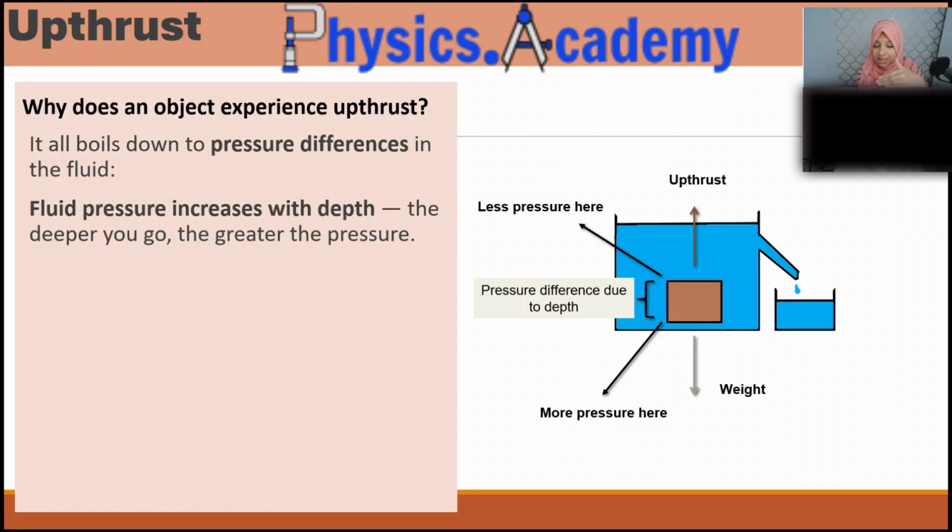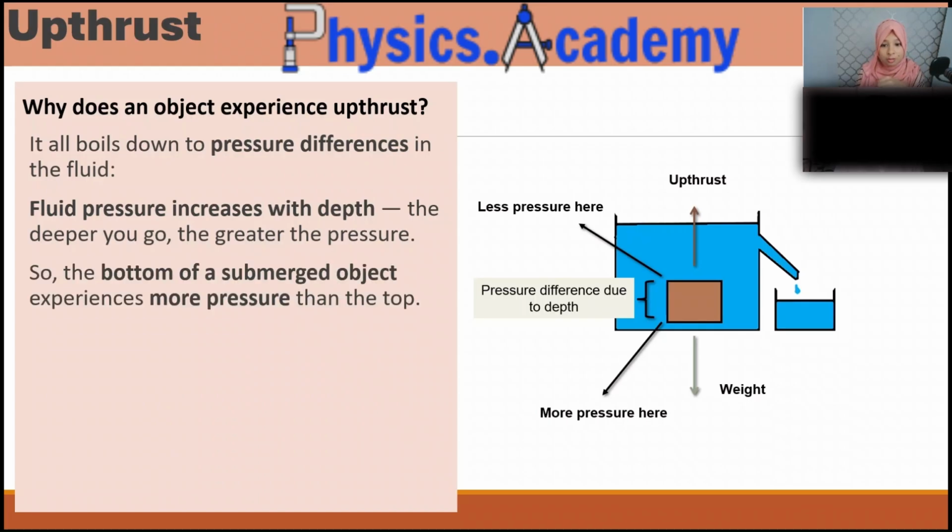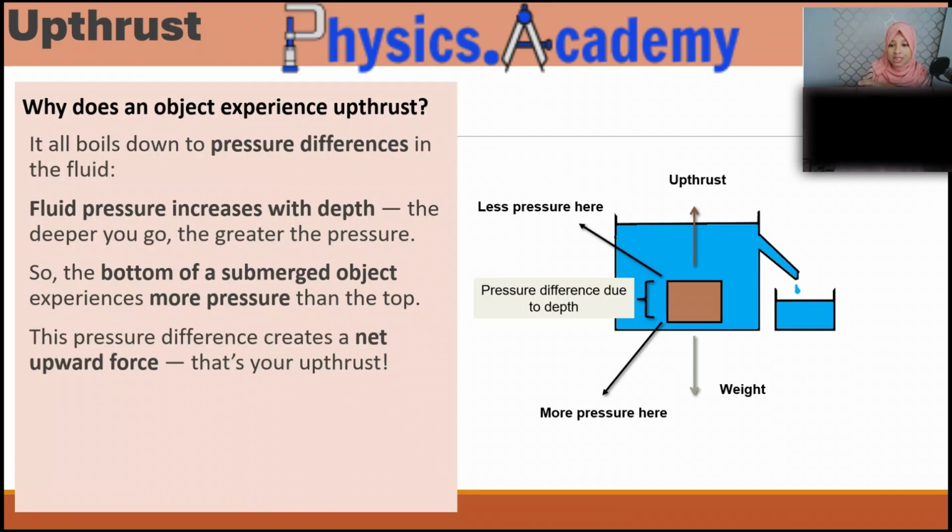Yes, so the bottom is much lower inside the container. So the pressure there is much greater than at the top of the box. Because of this difference in pressure, the bottom of the box experiences a lot more force than the top. And this pressure difference causes the upthrust force.